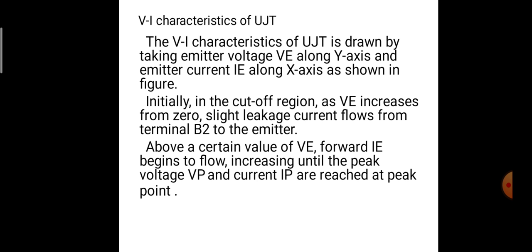Above a certain value of VE, forward emitter current IE begins to flow, increasing until peak voltage VP and IP are reached at the peak point.